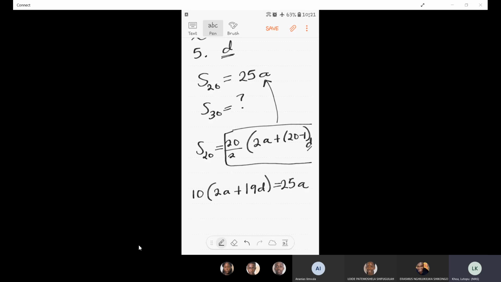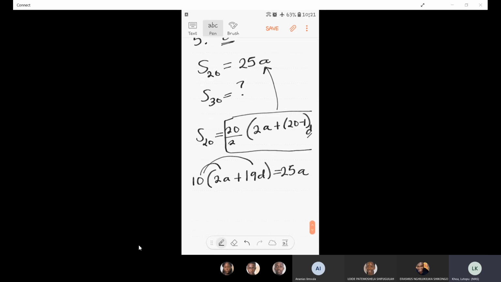Okay, and then I can multiply out my brackets here. The reason I'm not dividing by 10 on both sides is because on the right hand side I have 25, so I'll end up with a decimal, and I don't want decimals, so it's better to just multiply brackets out. Then what I have is 20A plus 190D. This is equal to 25A.